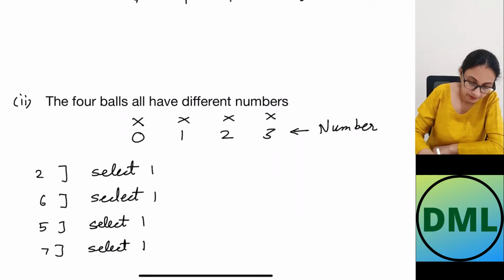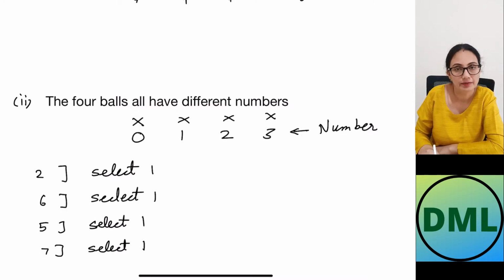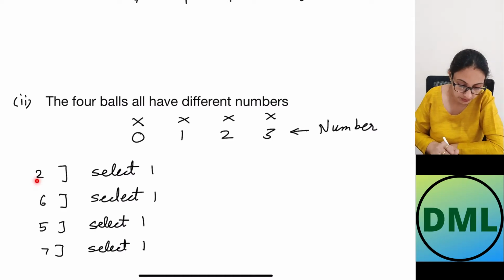Now, the 4 balls all have different numbers. So you have numbers 0, 1, 2 and 3 and you have 4 balls, so we have to select 1 ball of each. We have 2 balls with number 0, 6 balls with number 1, 5 balls with number 2 and 7 balls with number 3. Out of that we are selecting 1 ball each.